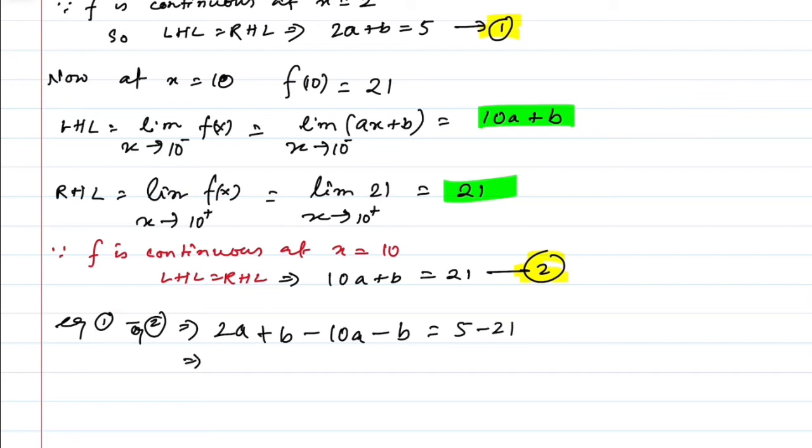That is going to imply minus 8a, as b minus b is gone, equals minus 16. Cancel minus 8 on both sides, then you will get a equal to 2, isn't it.